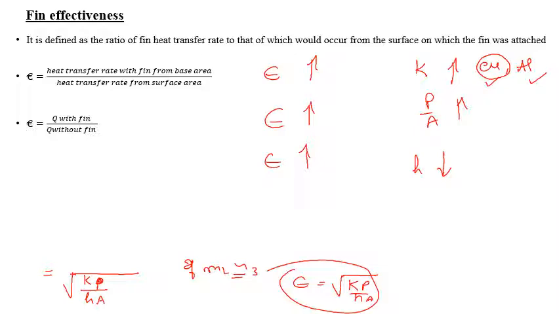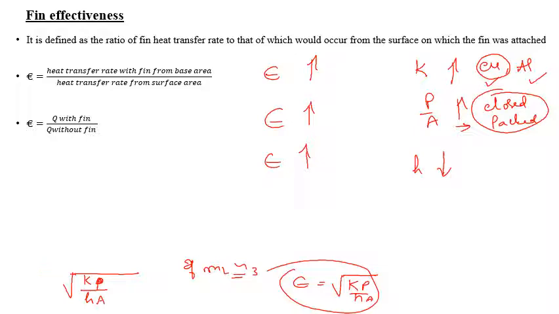Second is the P by A ratio. The P by A ratio tells that I should have fins very thin and very closely packed. This is a question very frequently asked in some other way in the GATE exam. The third is on which side I should have the fin.